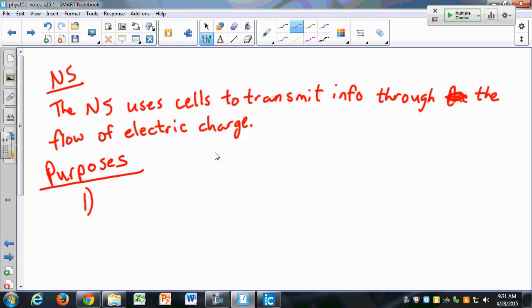The first is for sensory input. So this includes both internal and external stimuli.